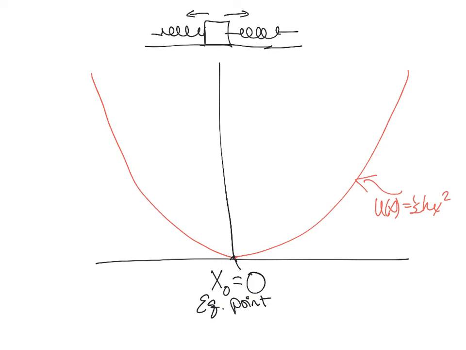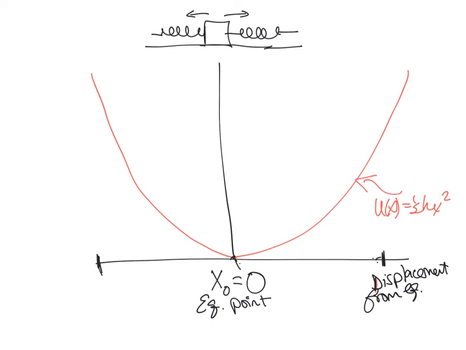So what is actually happening? This axis, the x-axis, is displacement from equilibrium. So we have positive displacement and negative displacement.